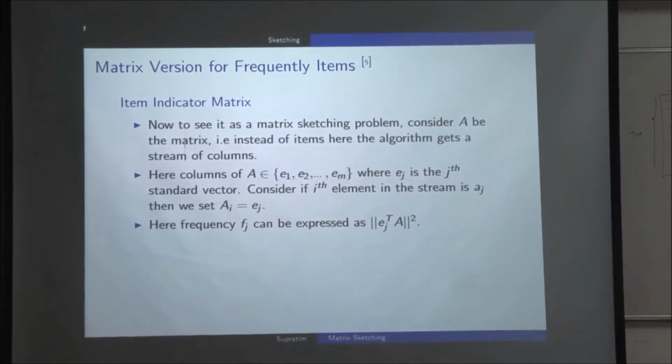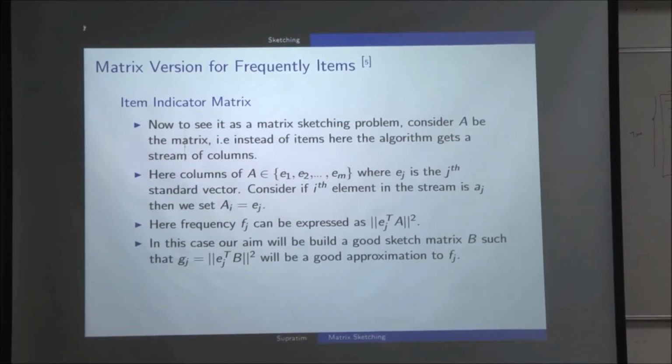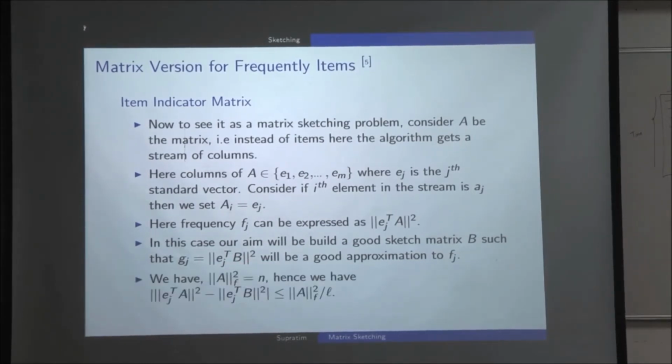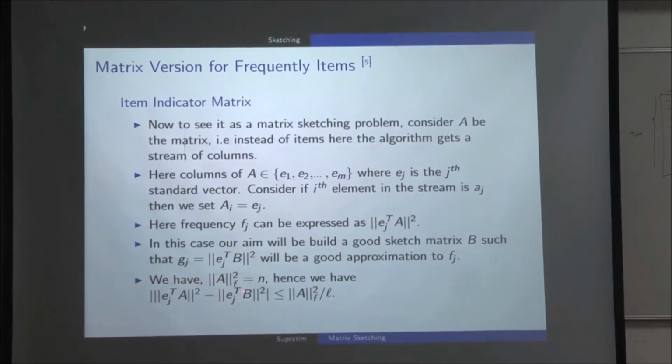Our aim is to build a smaller sketch matrix B, so that if we query the same thing over our sketch matrix B, the result that we get will not be too far off. Like we see in the Misra-Gries algorithm, our exact frequency, that is Ej times A, minus the approximate frequency was lying between 0 and n by L.